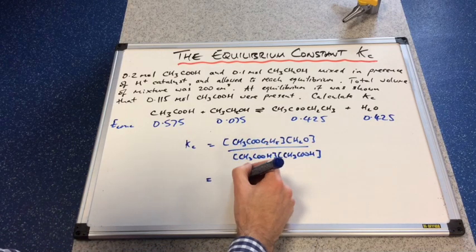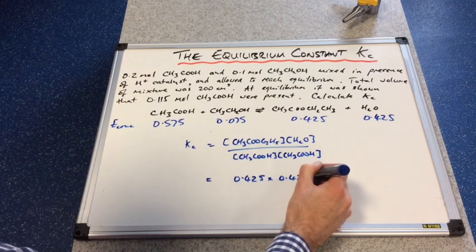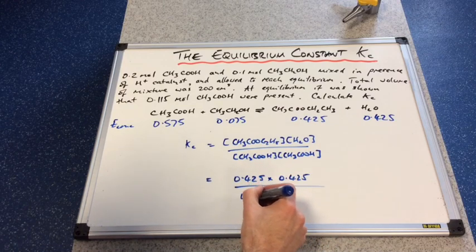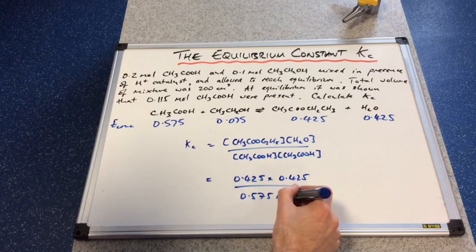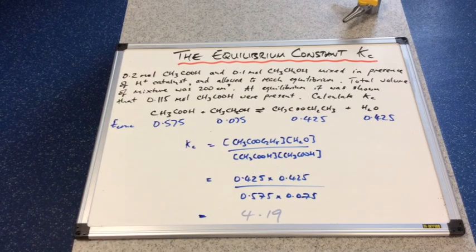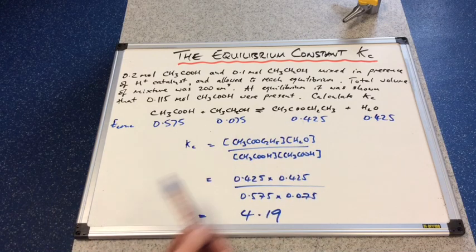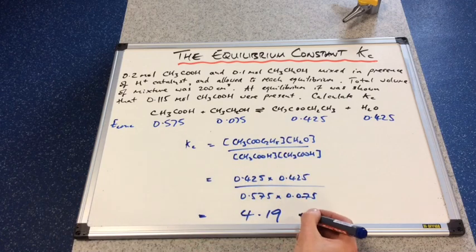So that's going to be 0.425 multiplied by 0.425 all over 0.575 multiplied by 0.075. And that gives us a numerical value for Kc of 4.19 to 3 significant figures. In terms of units, moles per decimeter cubed, squared on the top and squared on the bottom, and so it actually has no units.